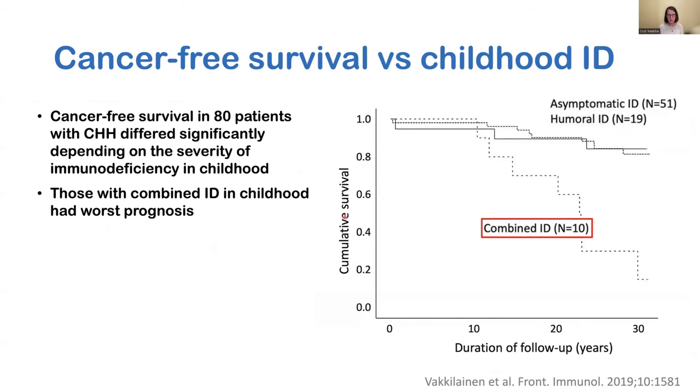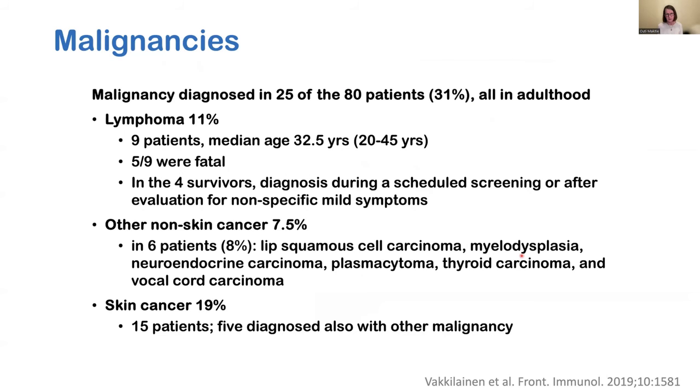We could also show that cancer-free survival, so the patients remained without cancer, was poorest for those with combined immune deficiency in childhood. Regarding the malignancies, altogether 25 of the 80 patients, so 31% of the patients, had been diagnosed with a malignancy.